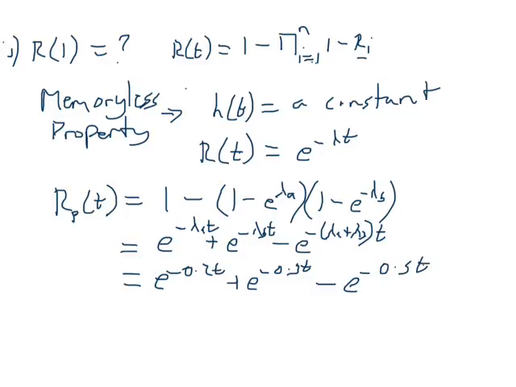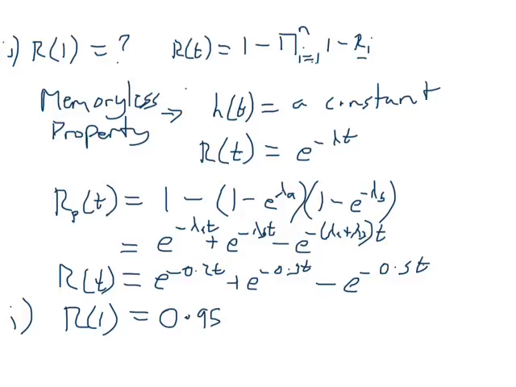So that's our R of t for the system, and if we need R of 1, all we have to do is plug in 1s for all of the t's here, and we'll get e to the minus 0.2 plus e to the minus 0.3 minus e to the minus 0.5, and that's going to give us 0.953, or 0.95 to 2 decimal places. So, okay, that's part 1 done.